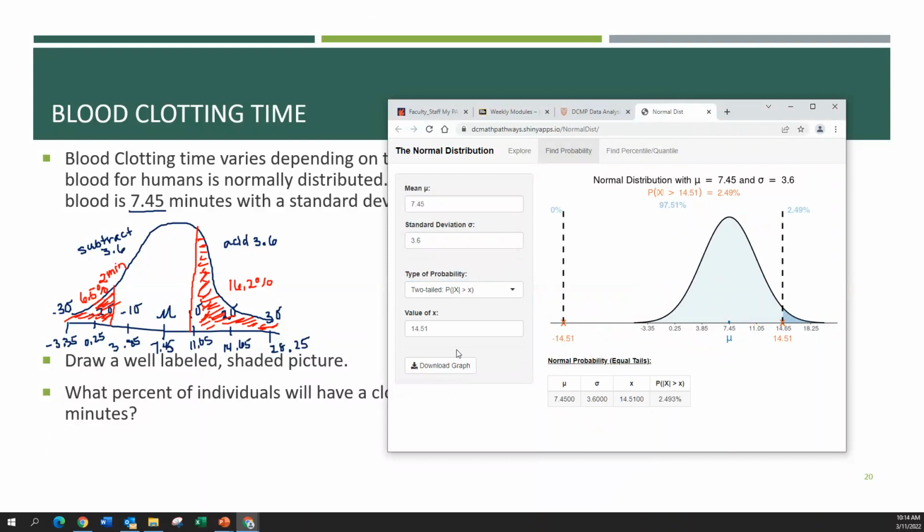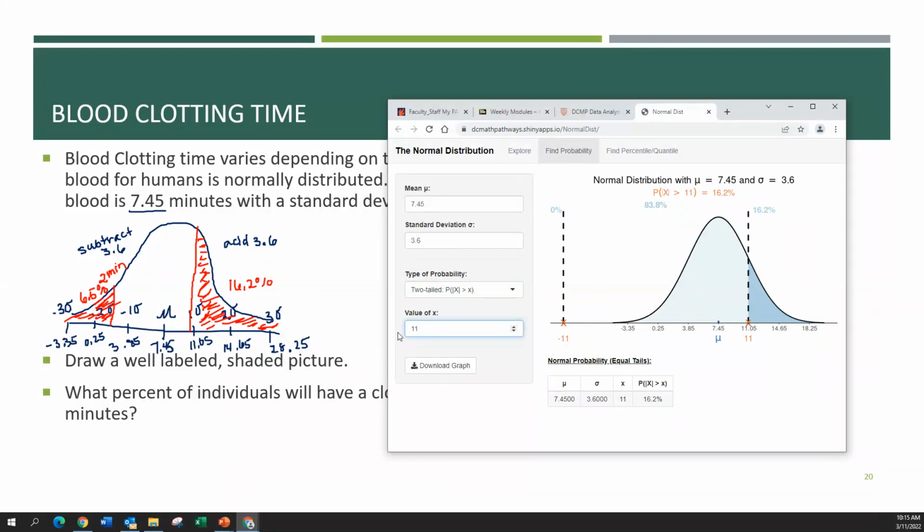So if I click on the two tail, you see that it puts up 2 lines, but with the values, it doesn't work out how I would want it to work out for this problem. So here I put a value of 11, and it just shows me the 16.2% that I got.